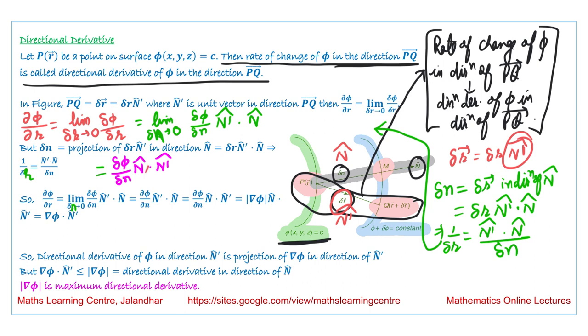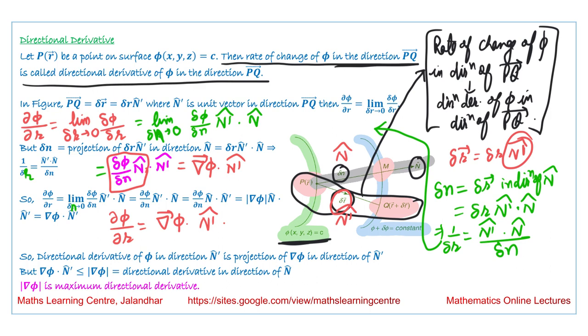Now look at this value. This is basically the definition of the gradient of phi. So we are writing this is equal to gradient of phi dot n dash cap. So what we have obtained is that curly phi by curly r is equal to gradient of phi dot n dash cap.